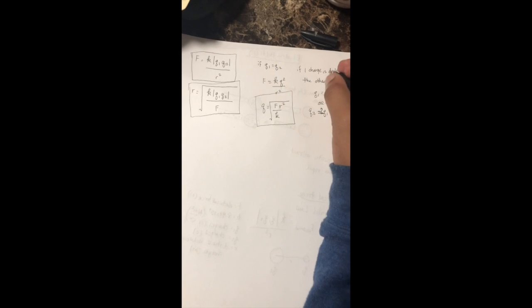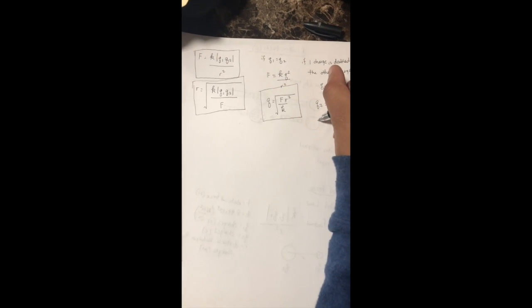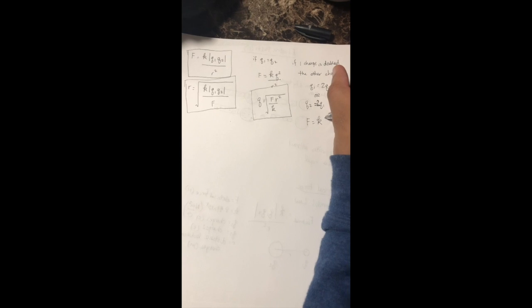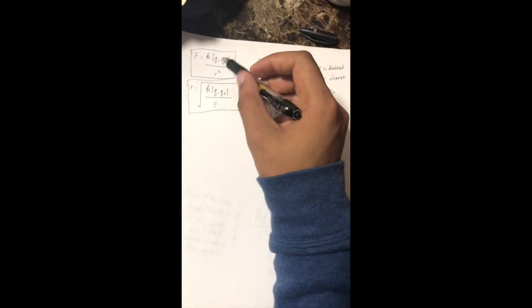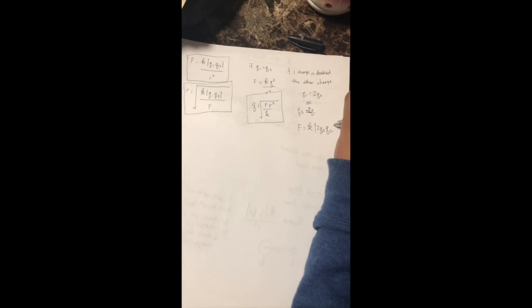So then I would get F is equal to K. But remember, Q1 is 2Q2. So I can write 2Q2, then I would have this Q2 all over R squared.